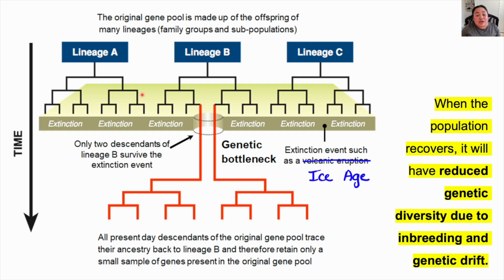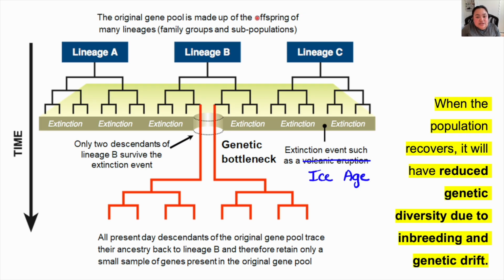This diagram closely represents the bottleneck effect that happened in cheetahs. So the original cheetah gene pool was made up of offspring of many lineages. Then during the Ice Age extinction event, only a single family group of cheetahs from one of the lineages survived and reproduced. Eventually, the population numbers increased, but because only closely related individuals survived, there was a lot of inbreeding.